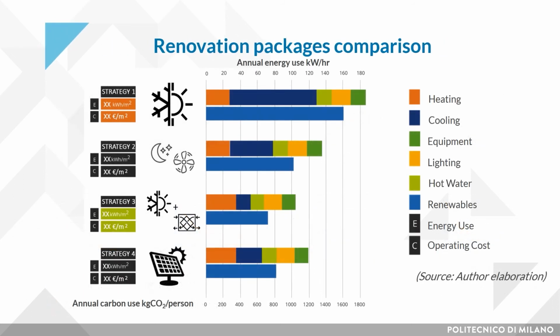In this slide, I would like to show you a general example which could be useful to show how responsive each renovation strategy could be in comparison with the others and how they may affect the overall consumption of the building.